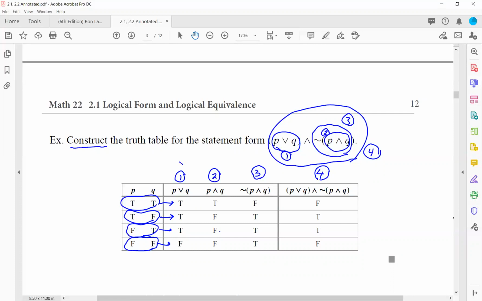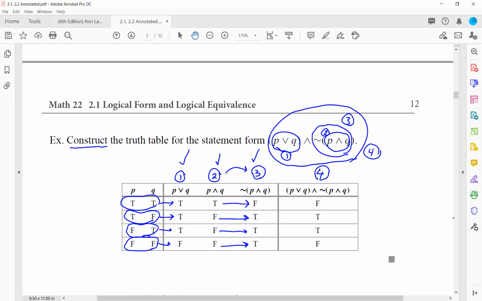Okay, so far we formed the truth table for 1 and the truth table for 2. Now we move on and negate the second column, column 2. The negation of true is false, negation of false is true, negation of false is true, negation of false is true. And finally, you have to connect the first compound statement and the third compound statement.